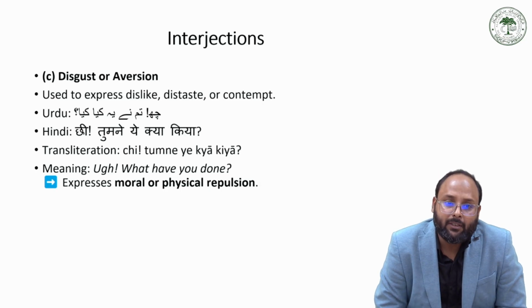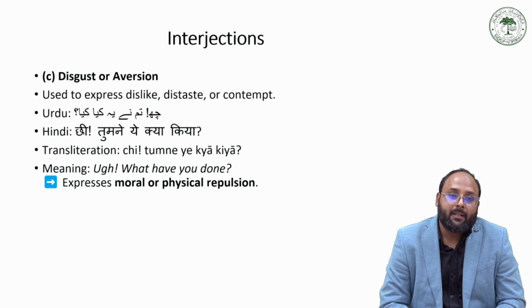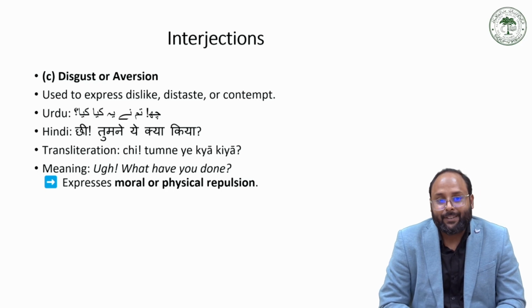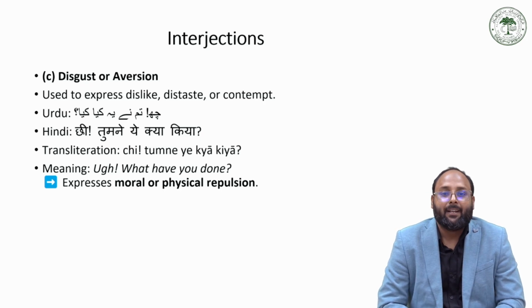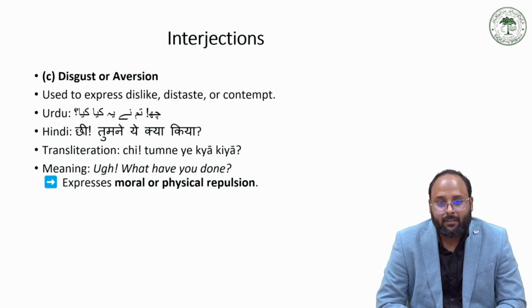The other type of interjection is for disgust or aversion. It expresses the feeling of disliking, distaste, or contempt. Like छी, तुमने ये क्या किया. So it expresses moral or physical repulsion.